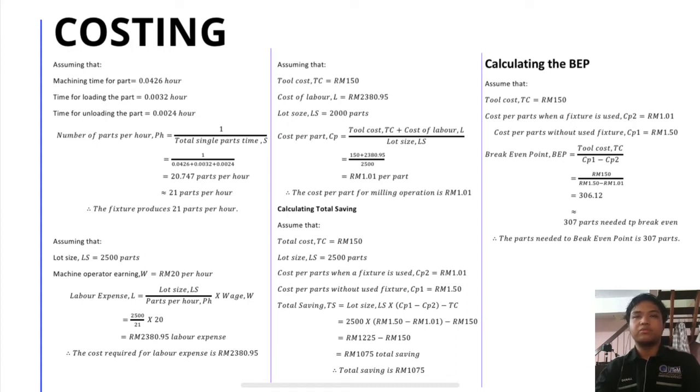Next, we're going to assume that lot size, LS, equals 2,500 parts, and machine operator wage, W, equals 20 ringgit per hour. We will use the formula labor expense, L, equals lot size, LS, divided by parts per hour, PH, multiplied by wage, W, so 2,500 divided by 21 multiplied by 20.